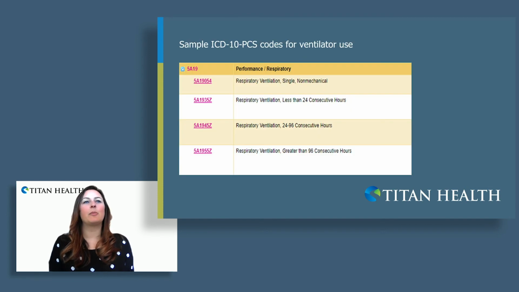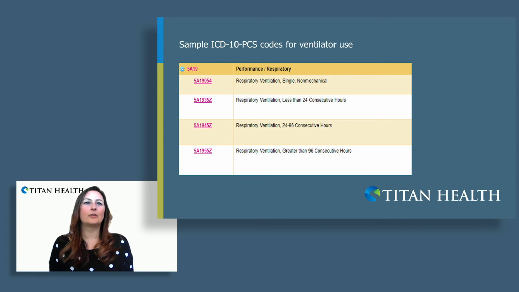Here you can see a sample mechanical ventilation PCS code range. The code starts as 5A19, but then you see the hours begin to determine the code selection as the code expands. Looking at the second code on the screen, 5A1935Z, that is for consecutive hours less than 24.